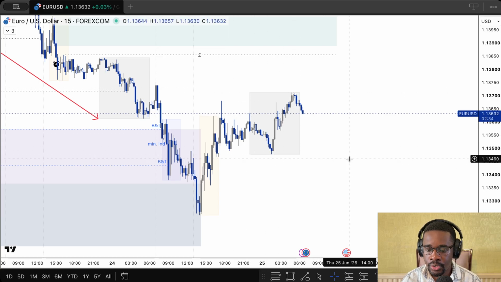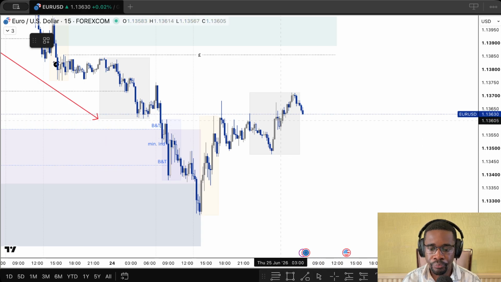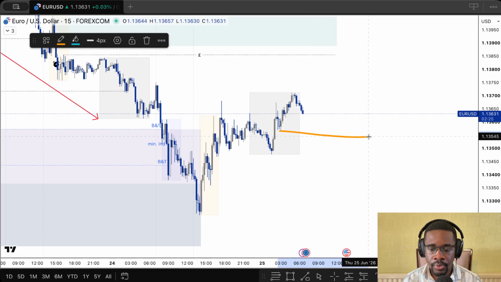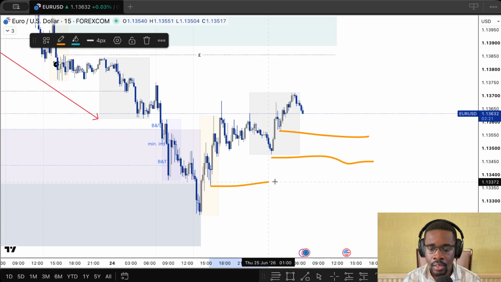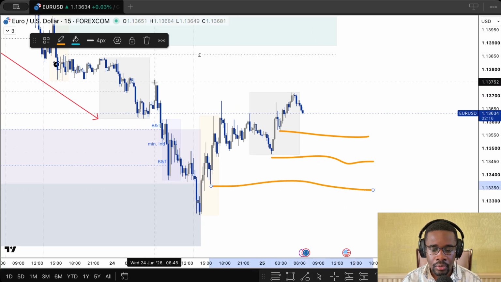So my expectation is that price will probably continue bullish with this area right there, and this one right there.